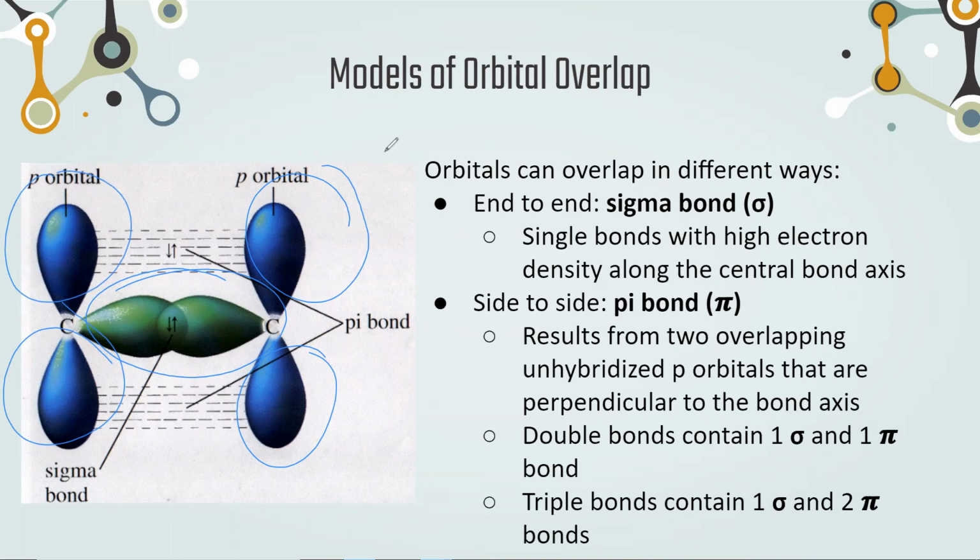So as in class, I'll tell you again, sigma bonds are end to end. So I like to say that those 2 orbitals are punching each other in the face, and you can see that they're literally end to end and they're overlapping right here in the middle. Whereas pi bonds, these p orbitals up here, it was mentioned to me in class, they're high-fiving from a distance, right?